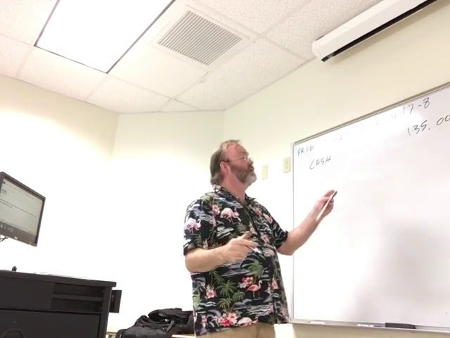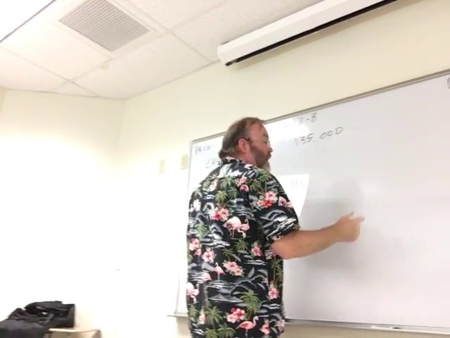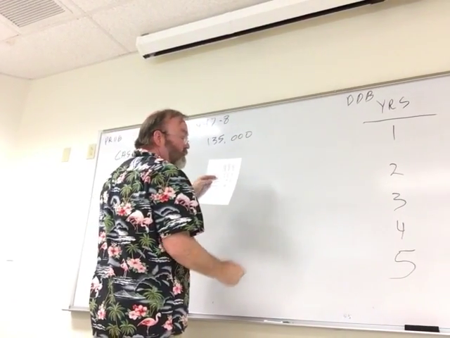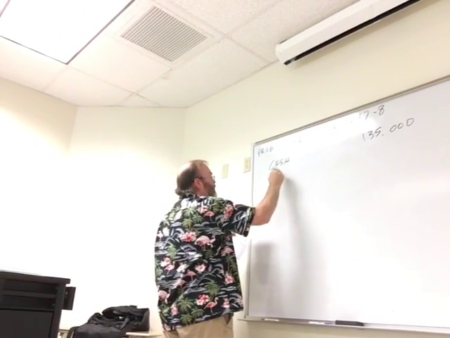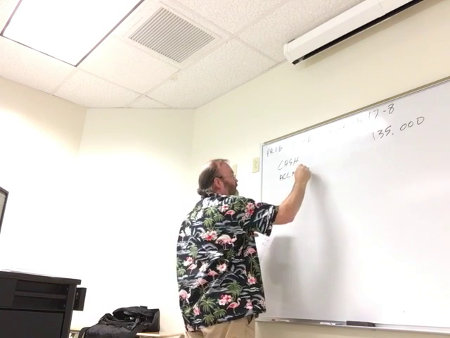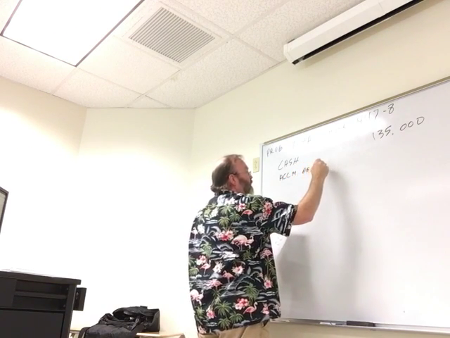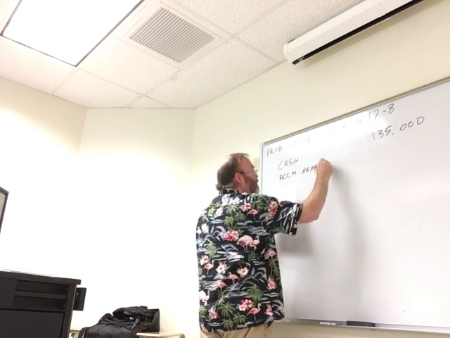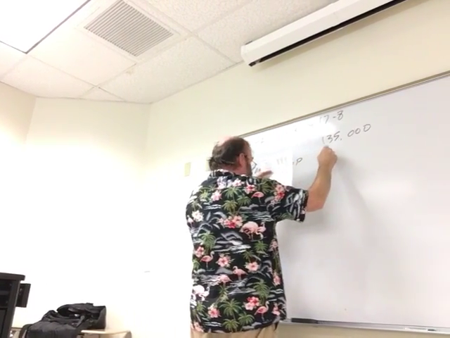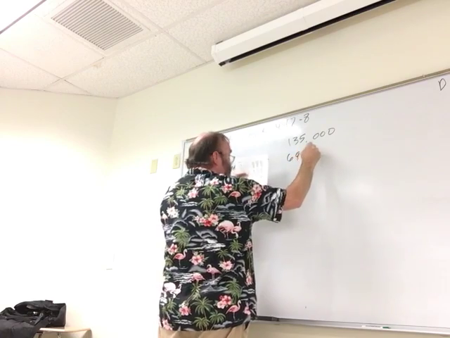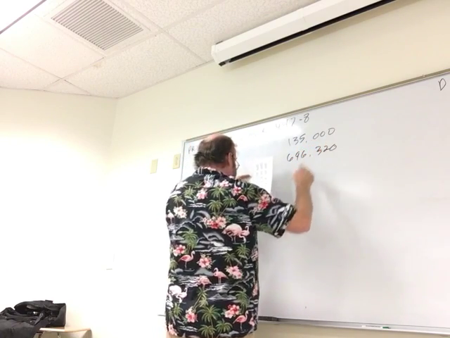Good deal. Because you have a book value of $103,680. So you have accumulated depreciation for the equipment of $696,320.